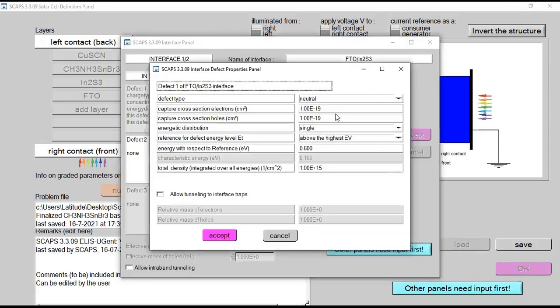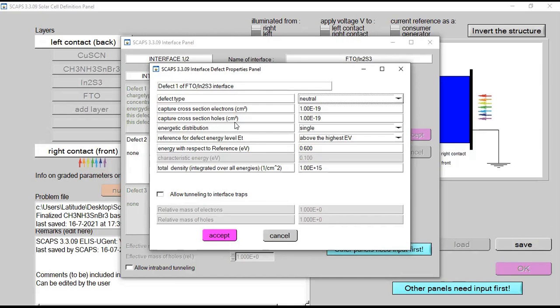Okay, look here. If I'm talking about data, let me try to explain more briefly. Normally, the first is defect type. You need to select it as neutral. Most of the simulations that are carried out have defect type neutral. And then there is another portion you can see on the screen: cross section electron, cross section hole.